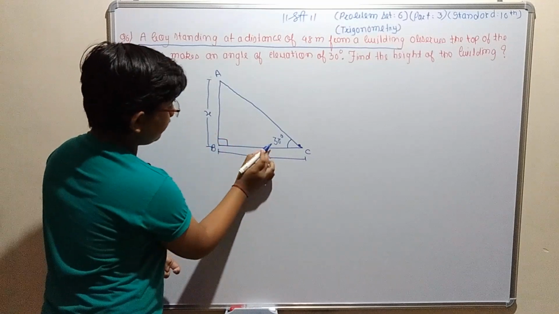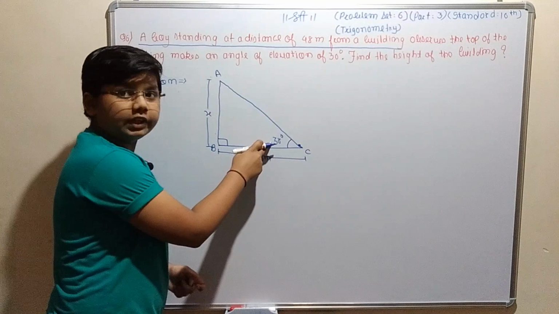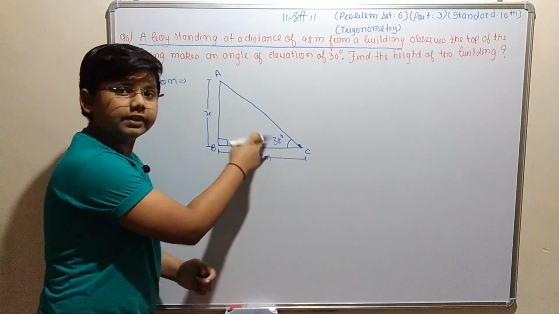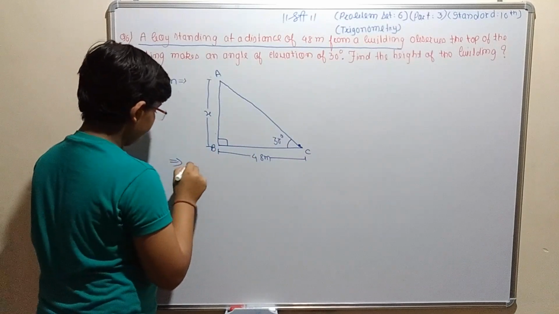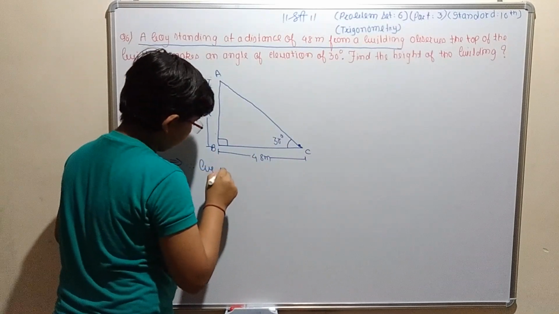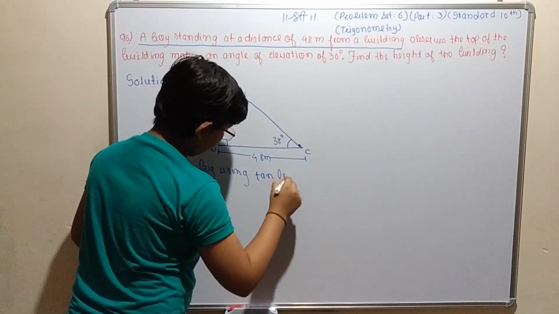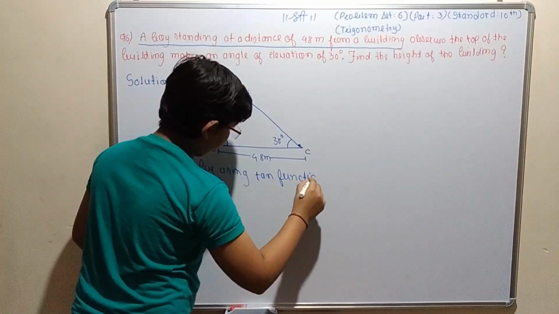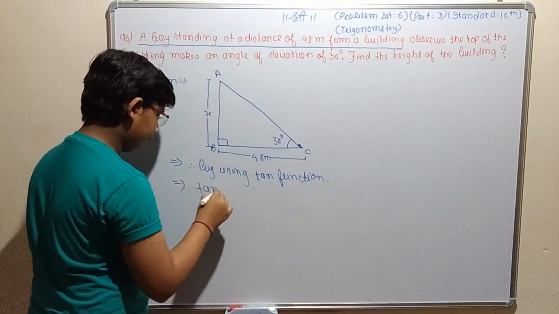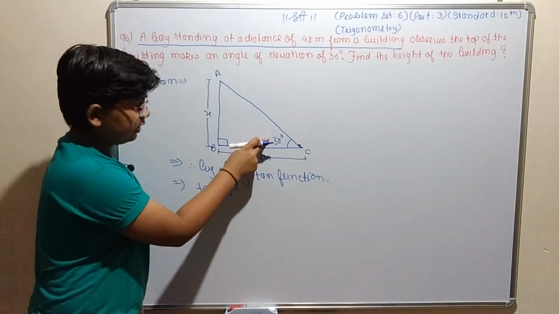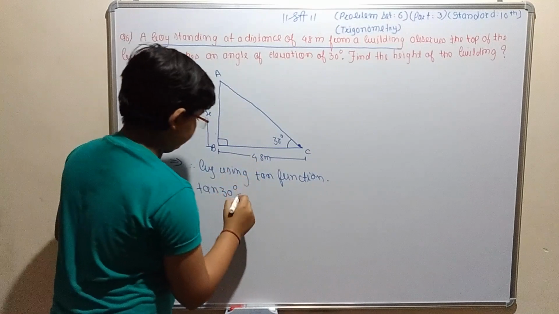Now in this question we have to deal with the opposite side and the adjacent side of the 30 degrees angle of elevation. So which function can we use? We can use the tan function. So tan 30 degrees is equal to opposite by adjacent, that is x by 48.